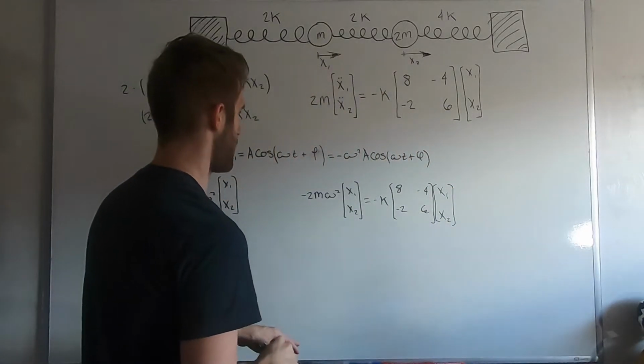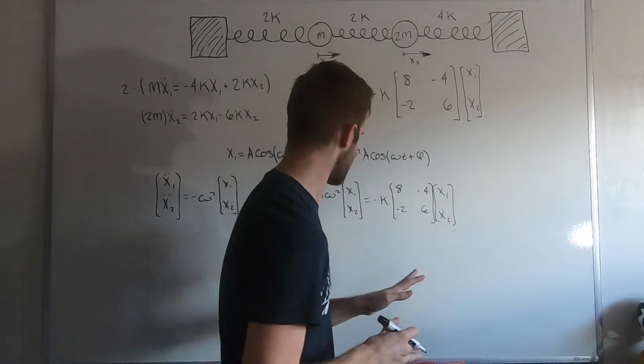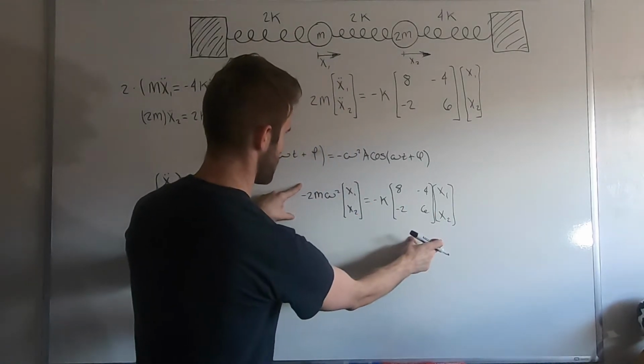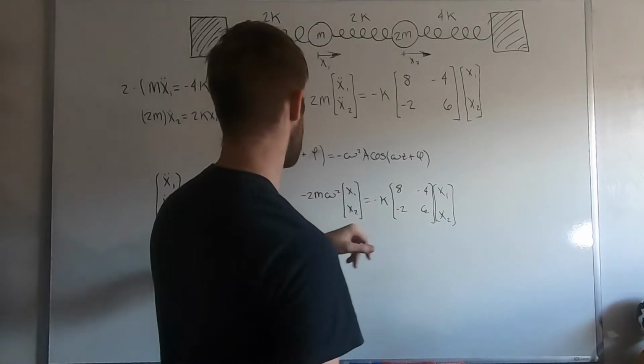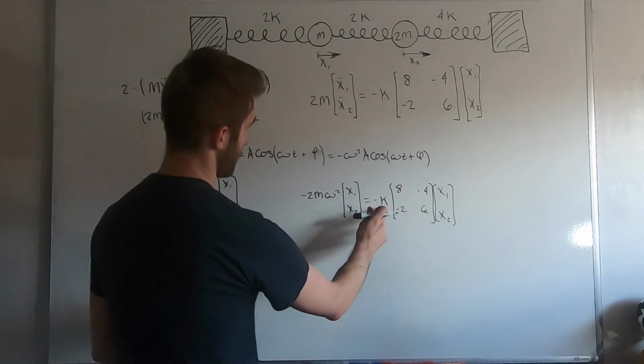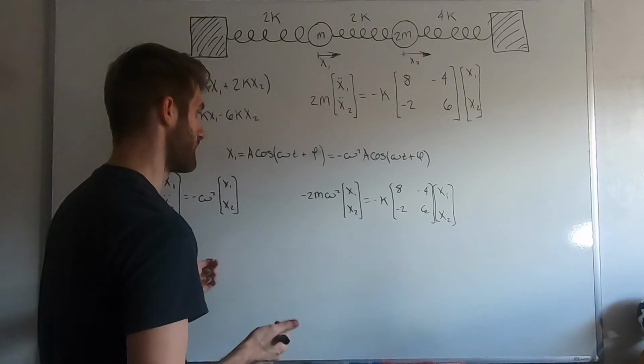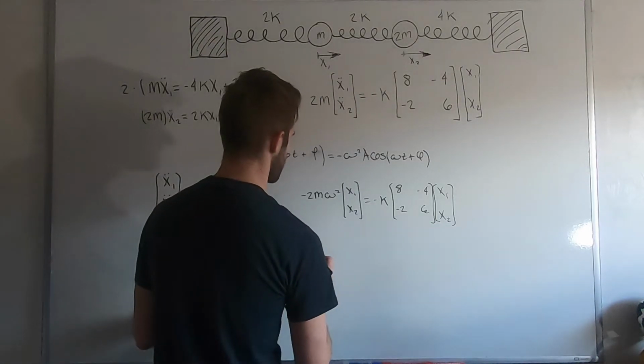All right, so now I'm going to just rearrange this a little bit. I'm going to divide out this 2 to this side. So I'm going to divide each of those elements by 2. And then I'm going to divide by this negative k. Now you see why I have that negative sign there. So it'll become positive, right?